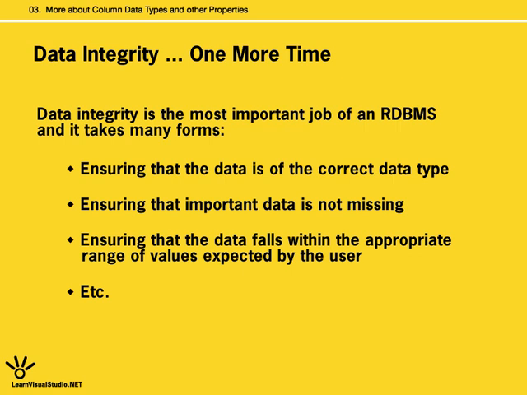And then similar to some of the other points that we made earlier, just making sure that the data falls within an appropriate range of values that are expected. So we don't have currency values where dates should be and vice versa, and that the dates, like we did in the previous lesson, we're not trying to enter dates from the 3rd century. But rather we're storing meaningful dates for events and things that have occurred at this point in time.